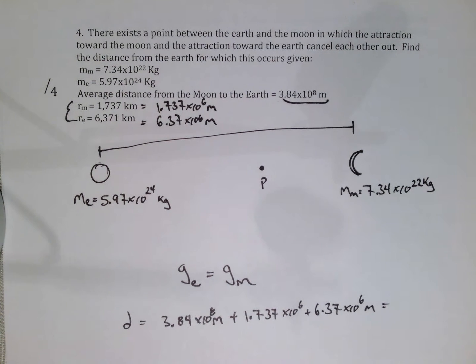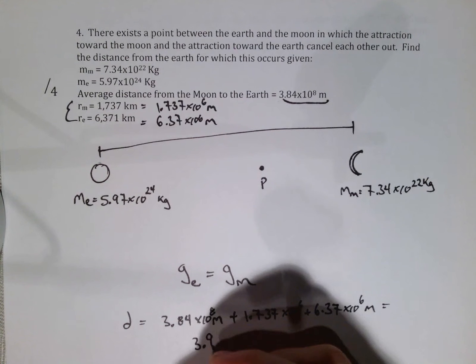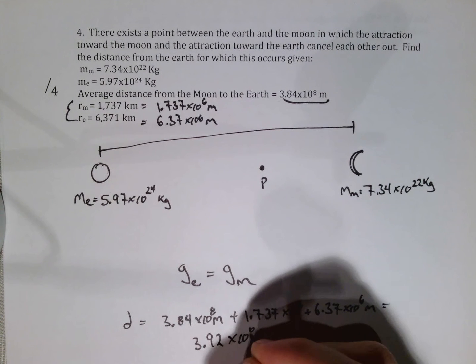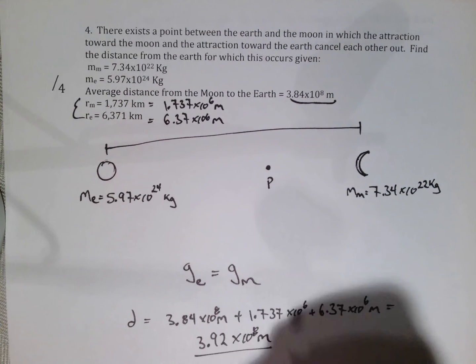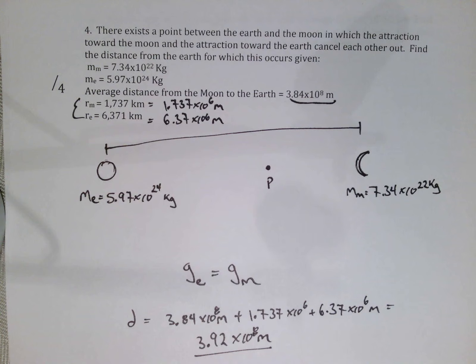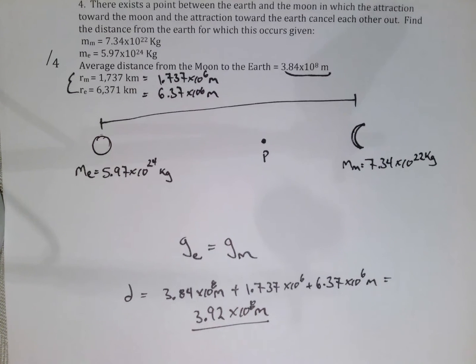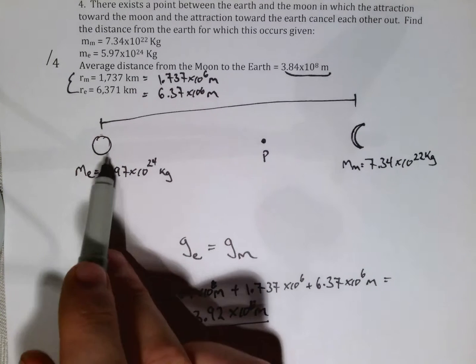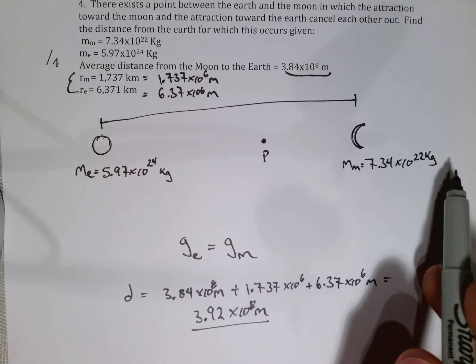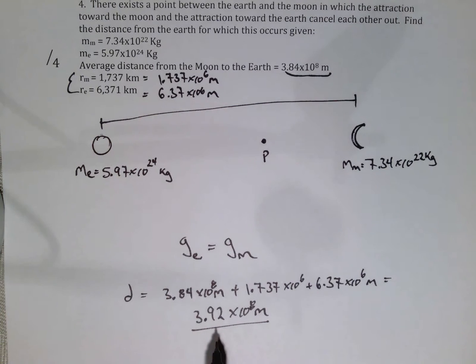Alright, adding all of those together, we're going to get 3.92 times 10 to the 8 meters. That's our total separation. That's the first part we need for this question. So we know then that from the center of the Earth to the center of the moon is 3.92 times 10 to the 8 meters.